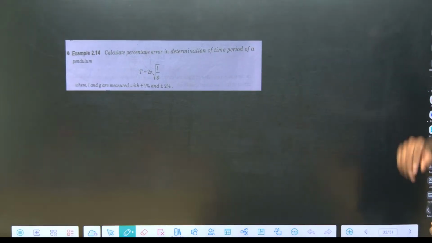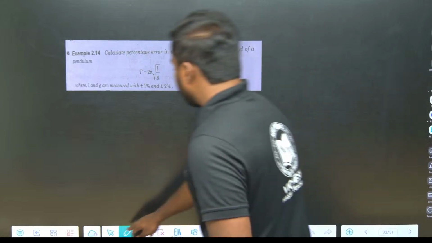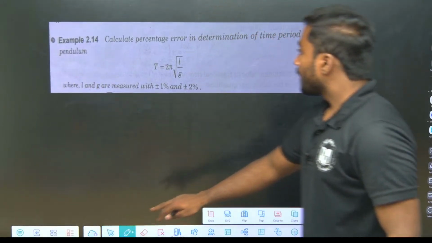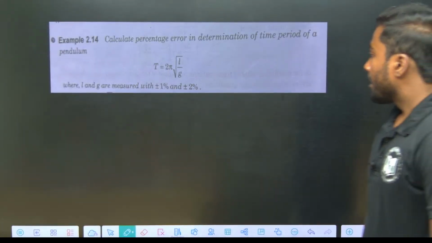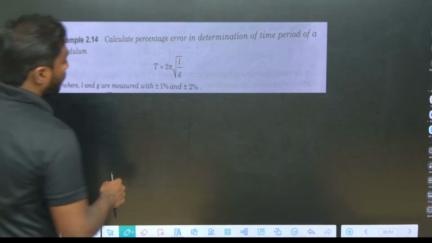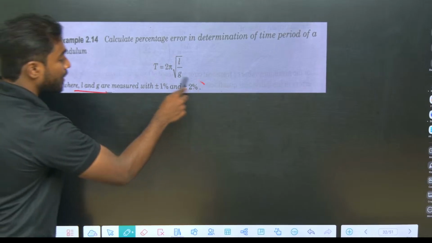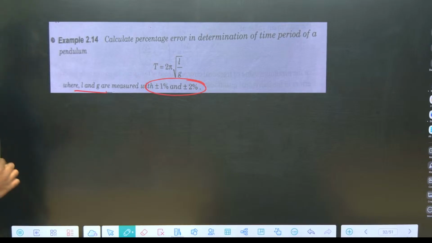So the next one is: calculate the percentage error in determination of time period of the pendulum. Okay, this is the question. The thing given is L and G are measured with 1% and 2% errors.